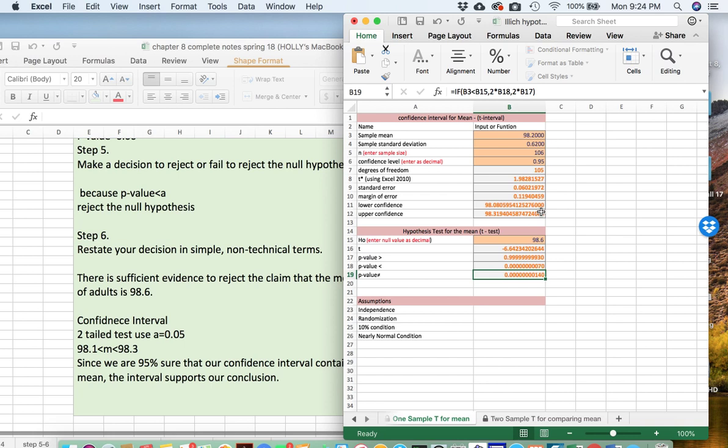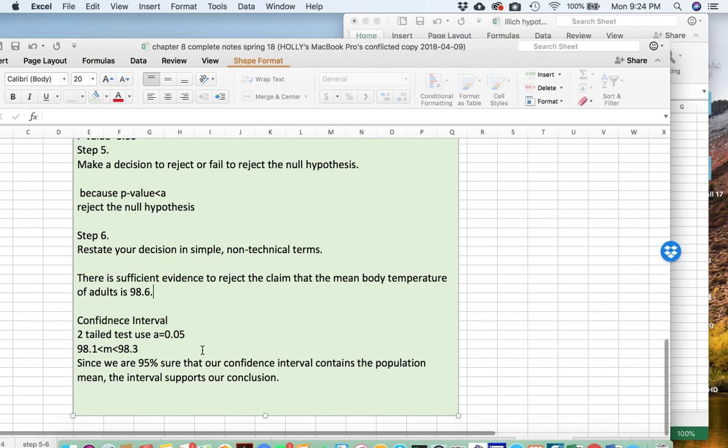But we have a confidence interval of 98.1 to 98.3, and notice that 98.6 is nowhere in that confidence interval. Since we are 95% sure that our confidence interval contains the population mean, the confidence interval also supports our conclusion to reject 98.6, since 98.6 is not in the confidence interval.